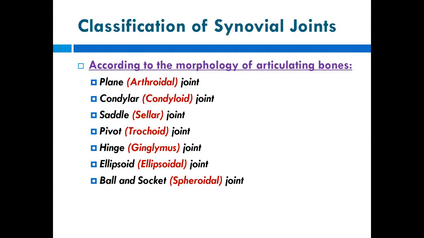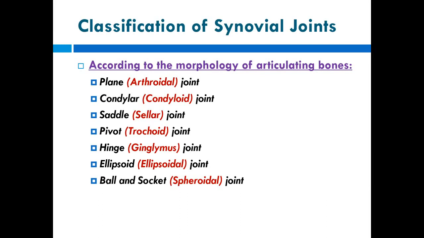So today we will start from the morphological classification of the synovial joint. The morphological classification of the synovial joint mainly depends on the morphology of the articulating bone, that means the morphology of the articular surfaces.